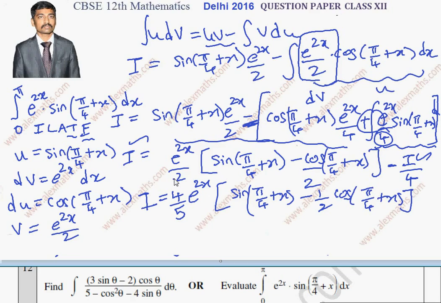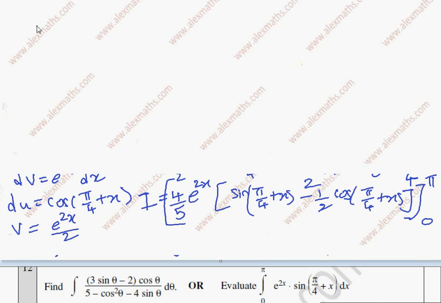Now for the entire thing we have to substitute the limit which is given in the question, 0 to pi. When I substitute the upper limit, the value of I equal to 4 by 5, we can keep it outside separately. So here it will become e power 2 pi, here it will become sine of pi by 4 plus pi.